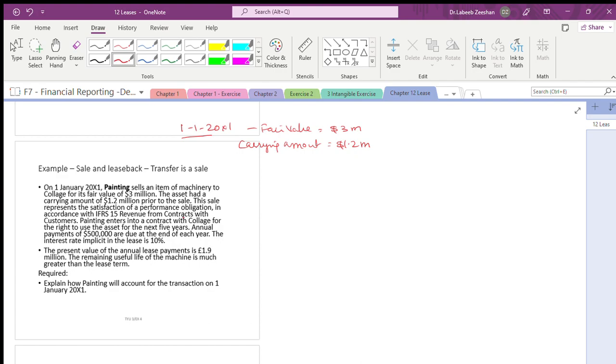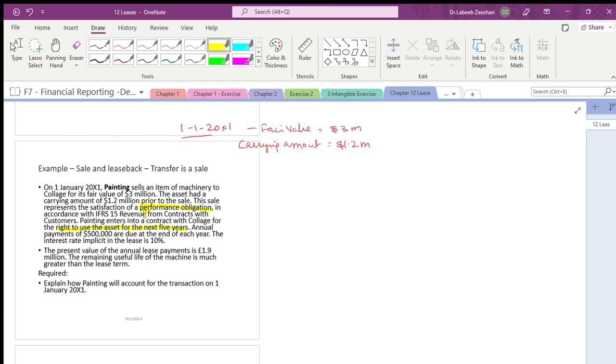The sale represents the satisfaction of the performance obligation; the IFRS 15 condition is satisfied in accordance with IFRS with the customer. Painting enters into a contract with college for the right to use the asset for the next 5 years.